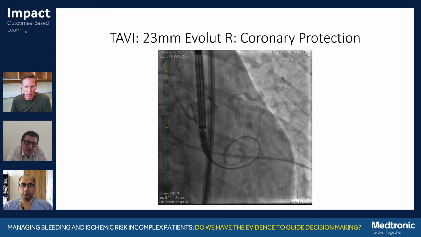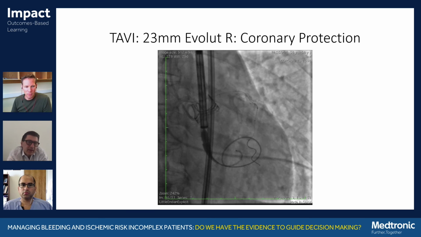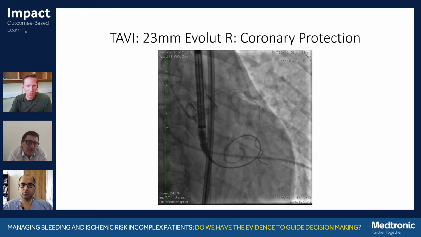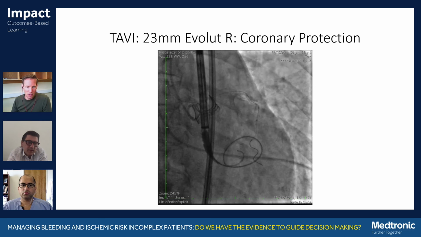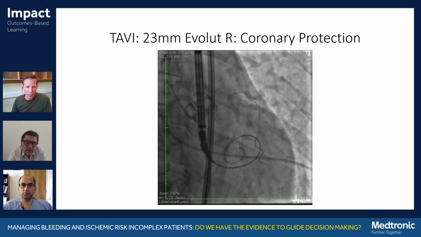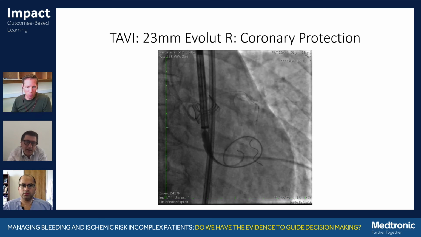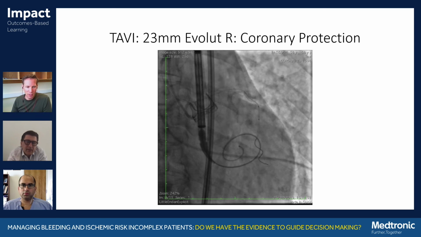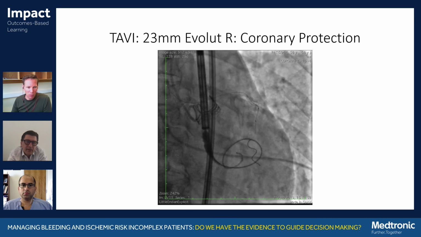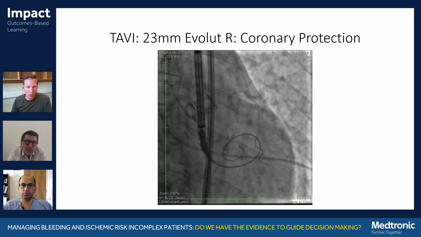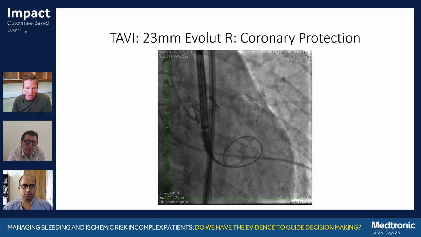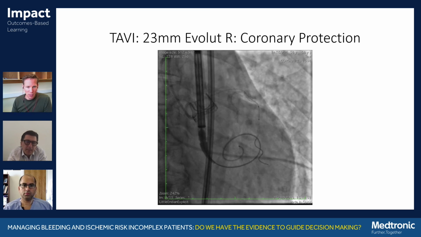No, on CT it was a high risk. You could see that. Yeah. And particularly with this valve, you can see there's a wire and a balloon left in the LAD. Yeah. If we were really concerned, we probably would have left a stent rather than a balloon. But we were pretty confident that we wouldn't have to deploy the balloon. So this was our setup.